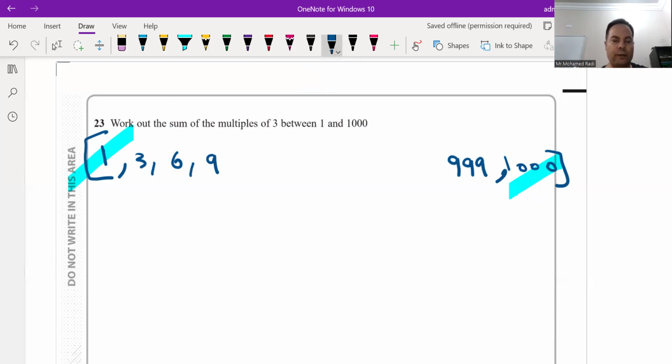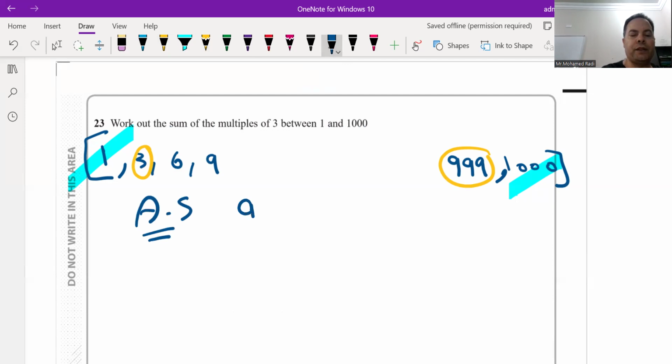So the first term is 3 and the last term is 999. This is an arithmetic sequence with first term 3 and common difference 6 minus 3, which is 3.